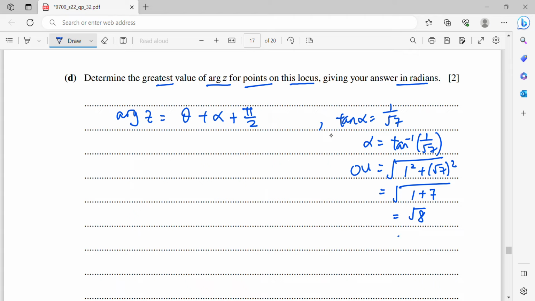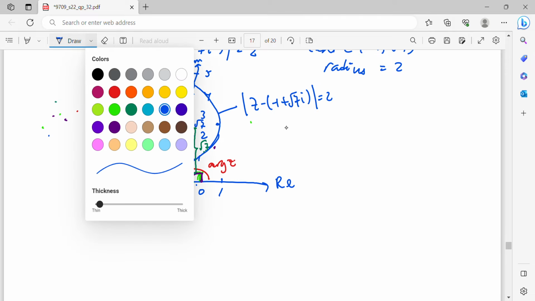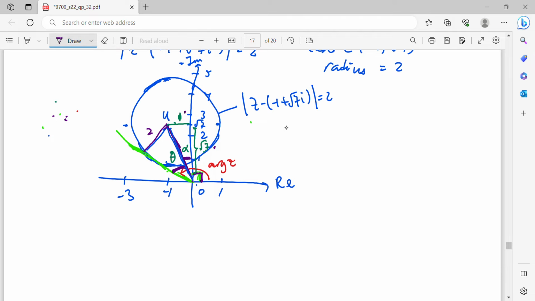So the square root 8 is basically 2 square root 2. Now I need to get my theta. So based on here, for my theta, I have the opposite side, which is the purple color, which is 2 here. And then I have found this length, which is square root 8. I have the opposite, and here is the 90 degrees.